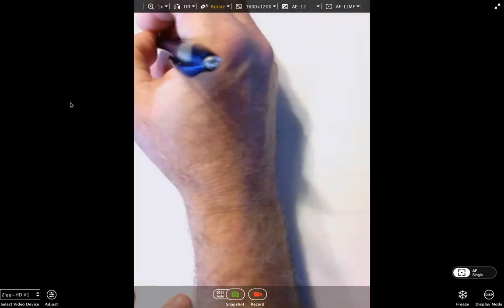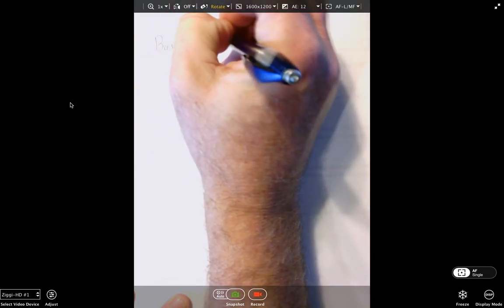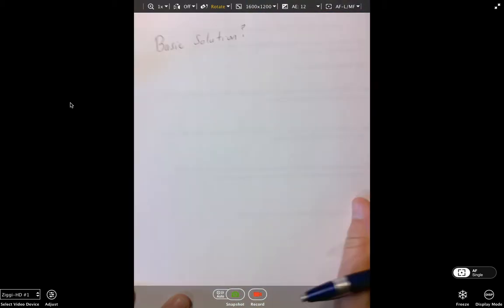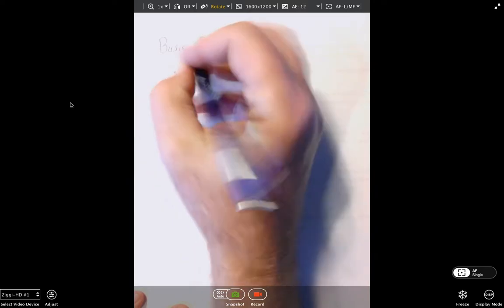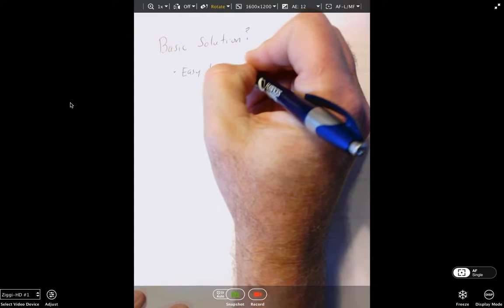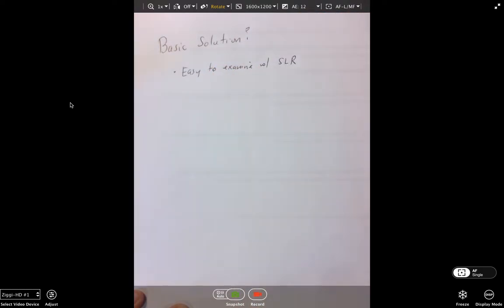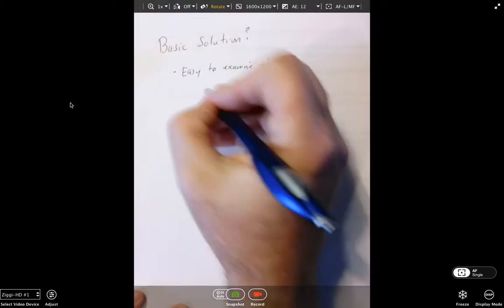Okay. All right, gang, let's just start thinking about what is a basic solution to error outliers. So first of all, easy to examine. With a simple linear regression case, what do we do?